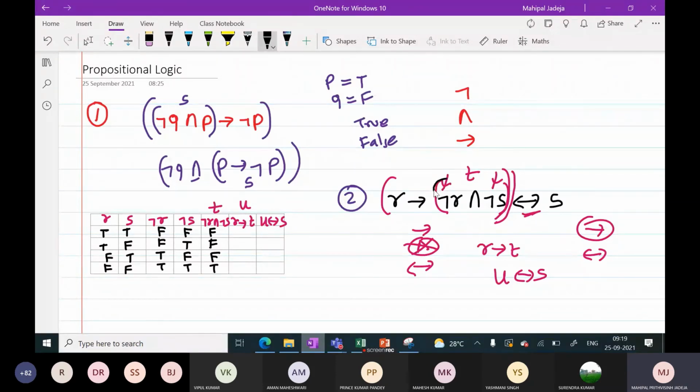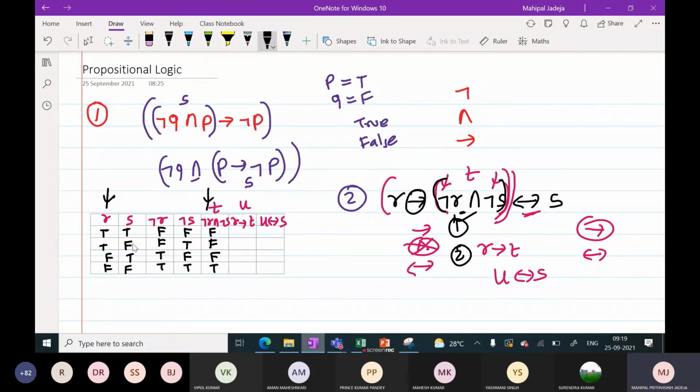So this bracket is completed now. Next we need to consider R implies T, because implication has higher precedence over double implication. So I need to focus on the first column and the fifth column.